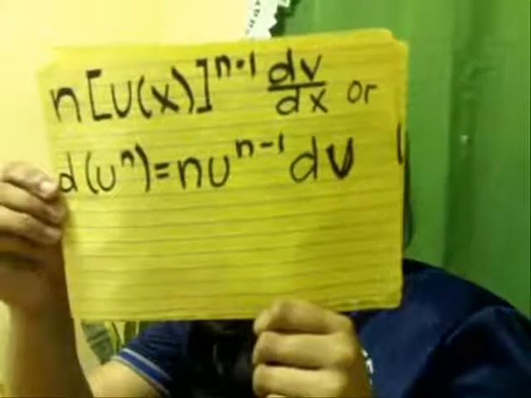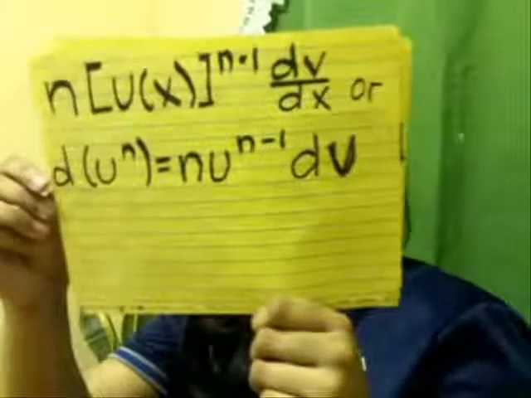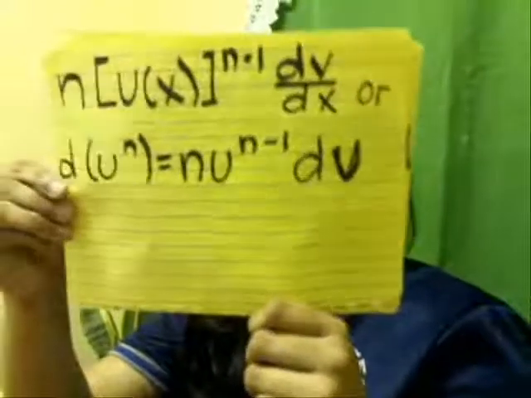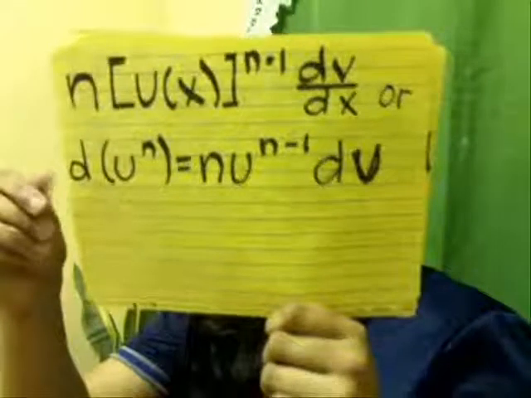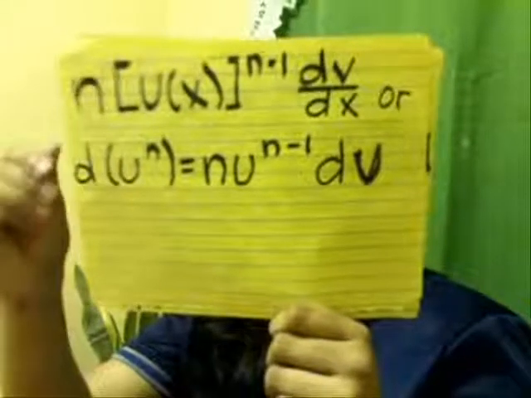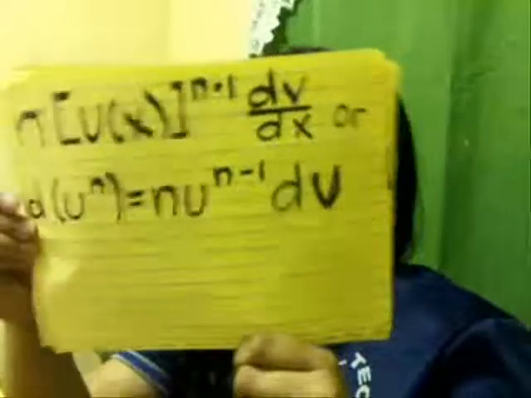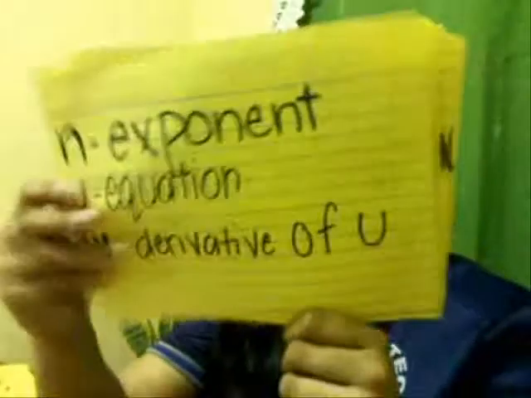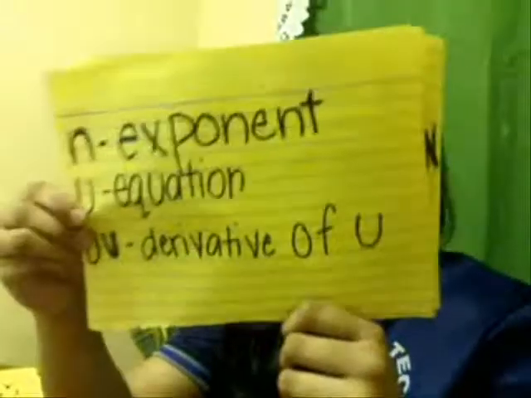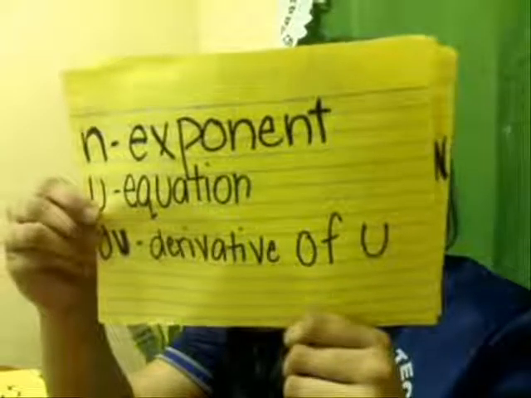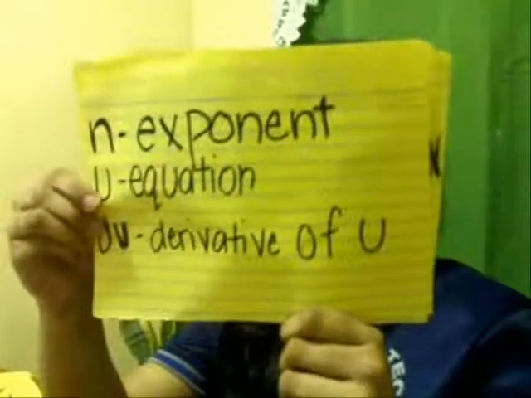Or simply, the derivative of the equation is equal to n times u raised to n minus 1 times du, wherein n is the exponent, u is the equation, and du is the derivative of the equation.